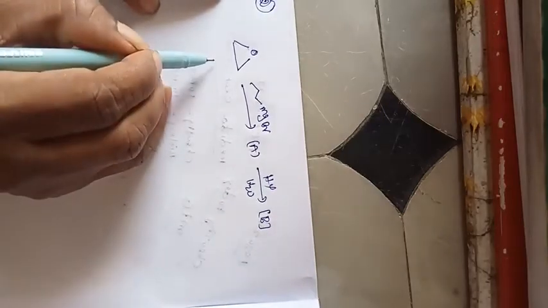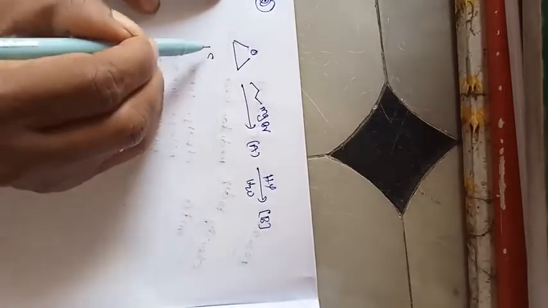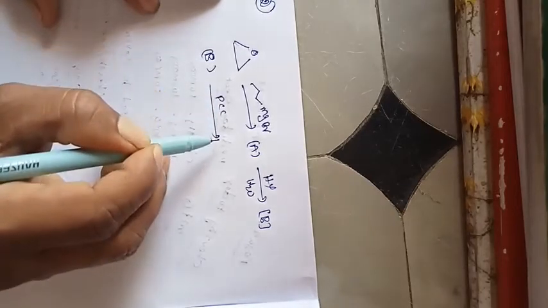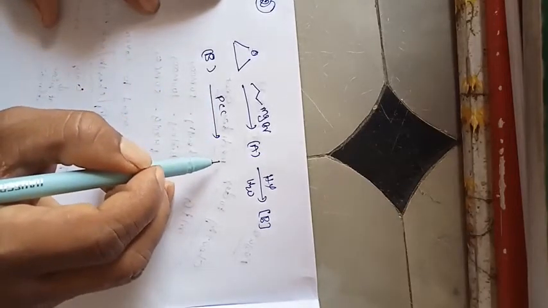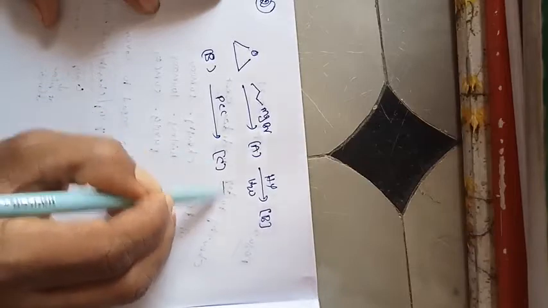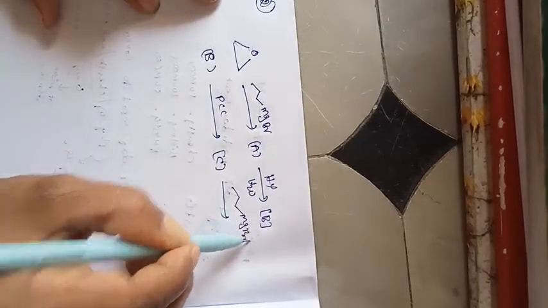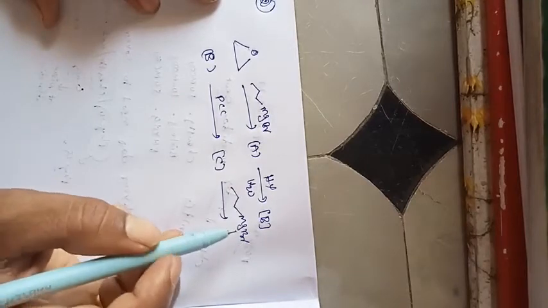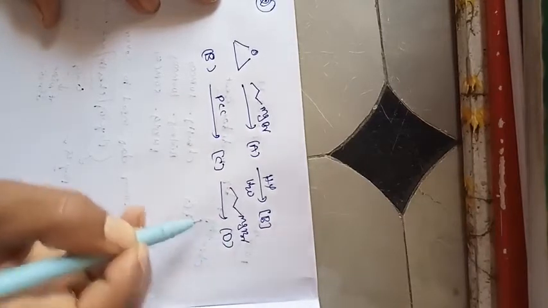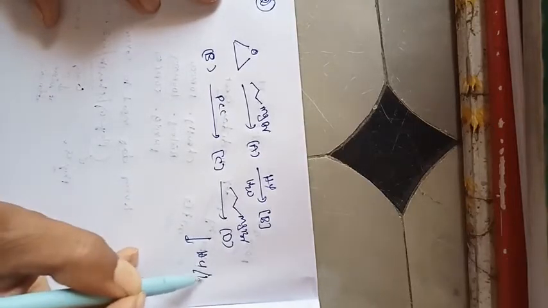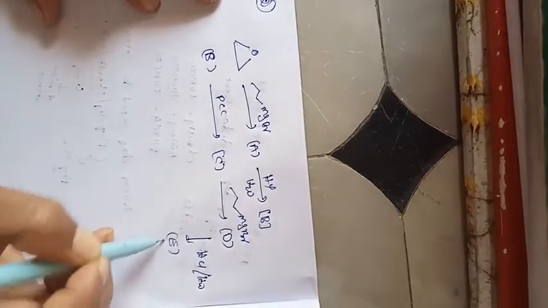Then B reacts with PCC to give the C product. Again reaction with propyl magnesium bromide gives D product, and again HCl and H2O gives E product.